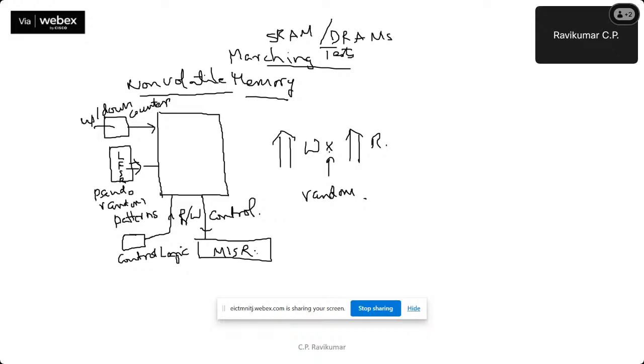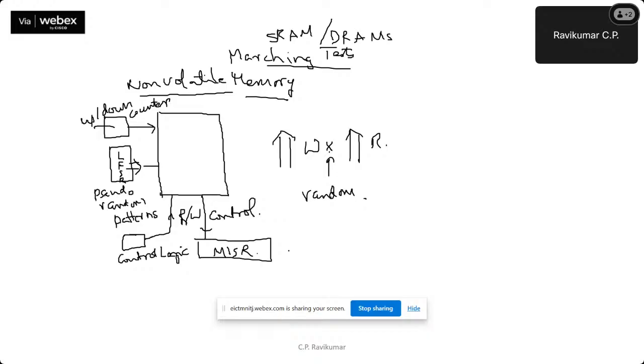And if you happen to know the contents of the ROM that was supposed to be there a priori, then we know what signature we should get from this system. If it is anything different, then we know that there is a bug. We may not be able to find out where the problem is, but we will know that something is wrong with the ROM, some bit is corrupted.